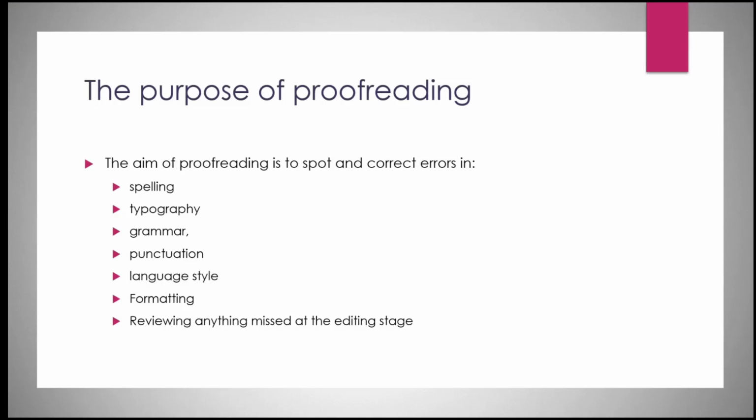So if you're done with your editing, give it some space, a couple of hours or a day, then you can now start proofreading. So when you're proofreading, you will look at the spelling, the typography, the grammar, the punctuation, the language, the formatting. Then you review anything that you might have missed in the proofreading stage.